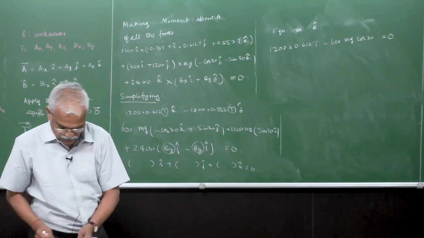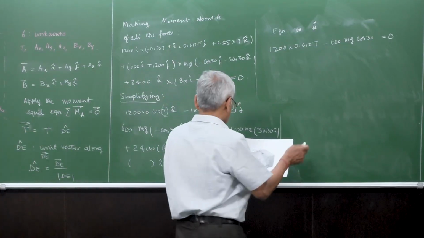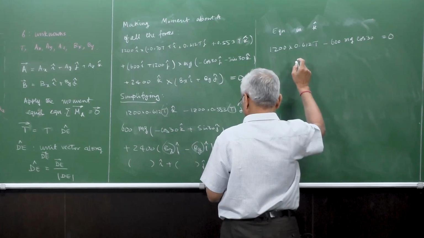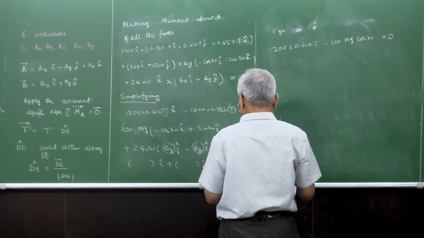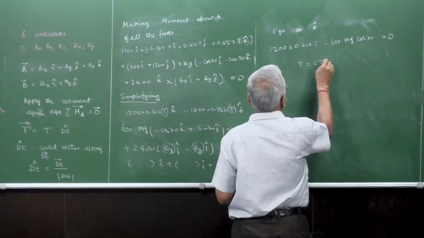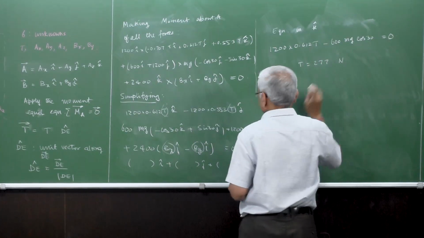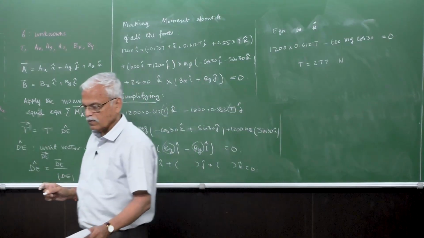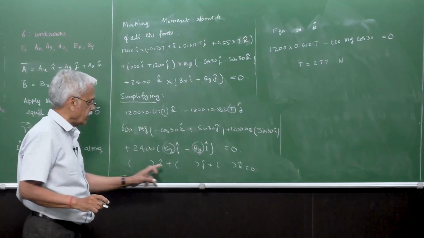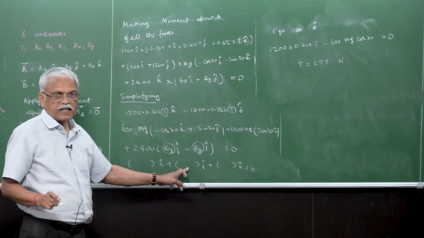So if you solve for this one, m is 40 kgs, and then if you solve for T, it is some value in newtons. Okay, so after calculating T, you can make the equation for i and the equation for j.